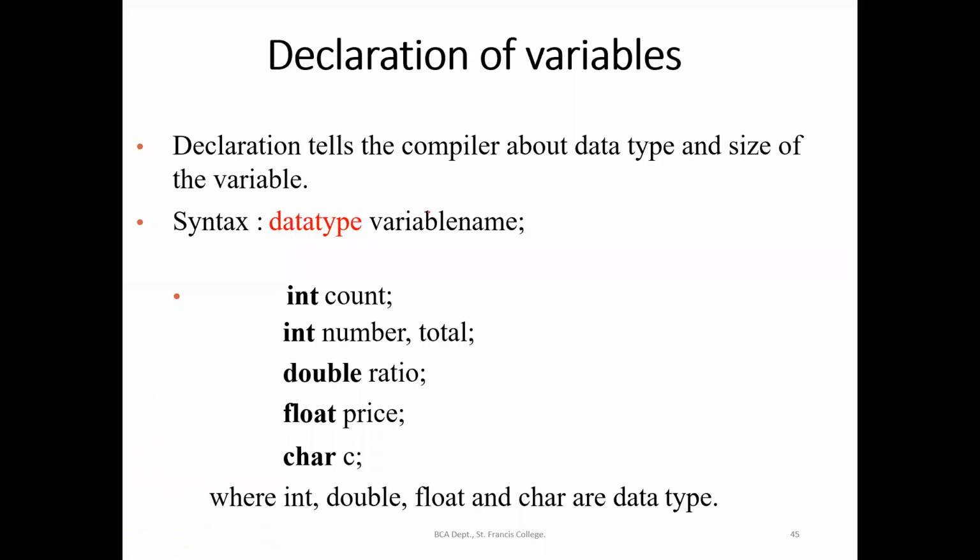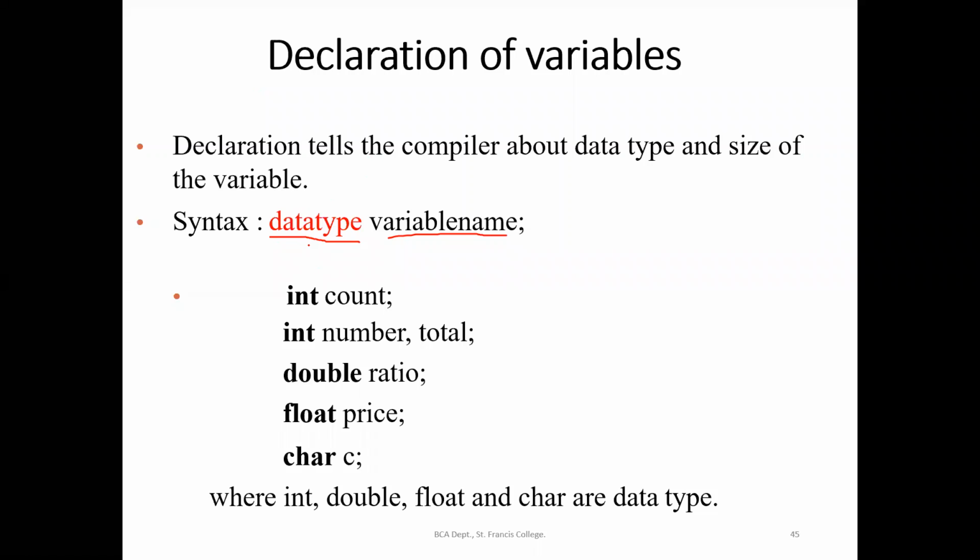So now we know what a variable name or an identifier name is, and we have seen the rules for naming a variable or identifier. If you mention the data type in which we are planning to use that variable in the program, that becomes a declaration of the variable.